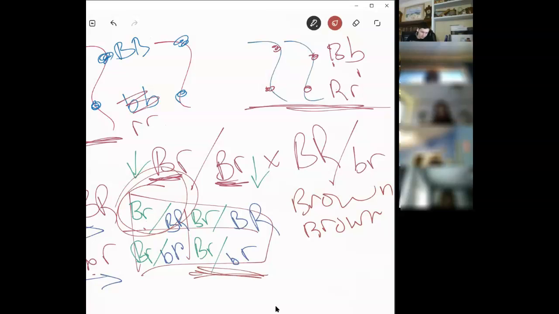So big B, little b would be brown hair, but little r would be our blue eyes. You wouldn't use an R, but I did in this case. So you would keep them together, use your slash, but read that as one. So this is brown and this is blue. Does that make sense? I'm a little bit scattered on that box.